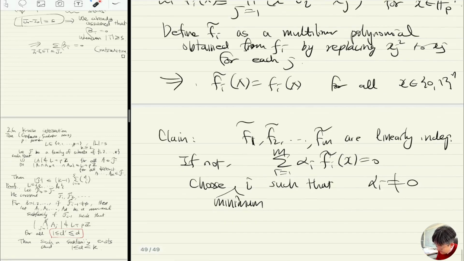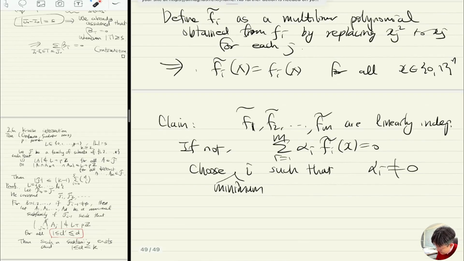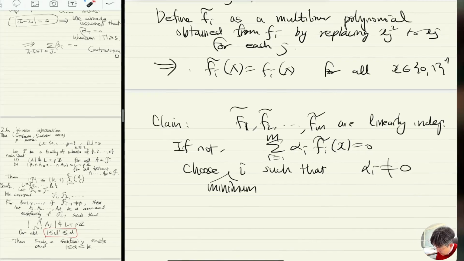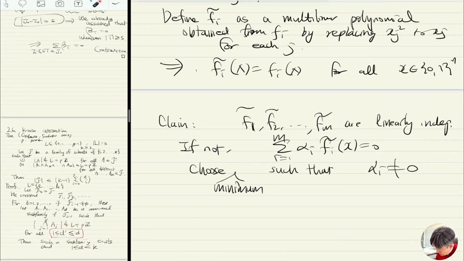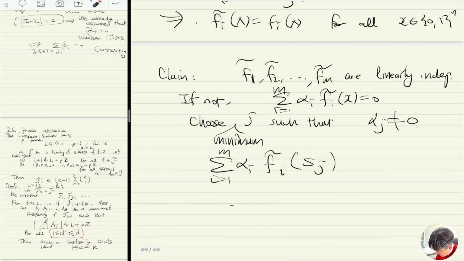Now what's going to happen? Okay, choose minimum j such that alpha_j is non-zero. Then let's put S_j here. Right?